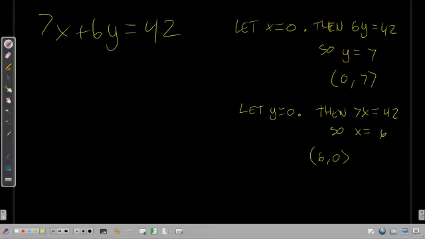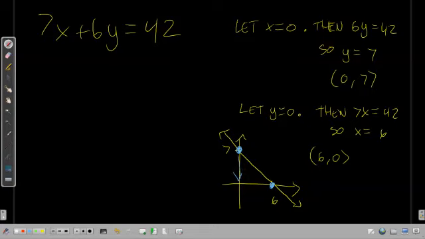I now have both the intercepts. I can make a graph of this. There it is. Now, tell me, can't you look at this graph, starting with the point on the left, going to the point on the right?